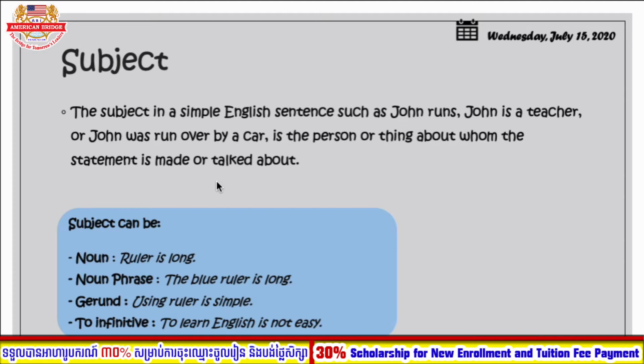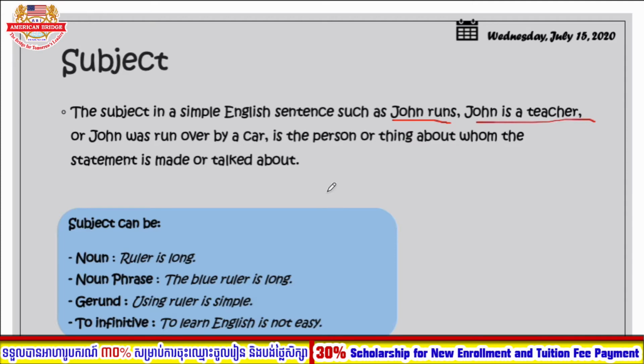Mainly, the important thing in the sentence we call the subject. So for the example here, John ran. Which one is important? Which one does the action? John, right? So John here is the subject. John is a teacher. Which one is the important one in the sentence that we talk about? John, right? So John in this situation is the subject of the sentence.